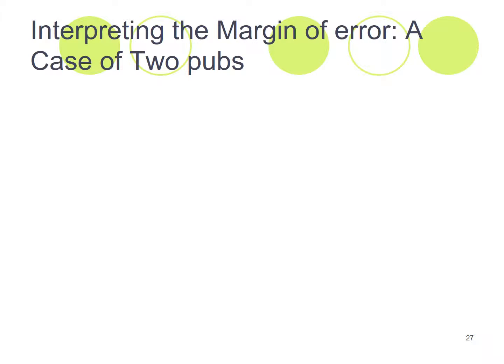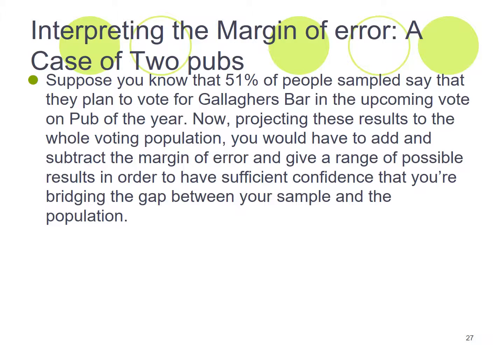Okay, we're looking at two pubs. Suppose you know that 51% of people sampled say that they plan to vote for Gallagher's Bar in an upcoming vote on Pub of the Year. Now, projecting these results to the whole voting population, you would have to add or subtract the margin of error and give a range of possible results in order to have sufficient confidence that you're bridging the gap between your sample and the population.